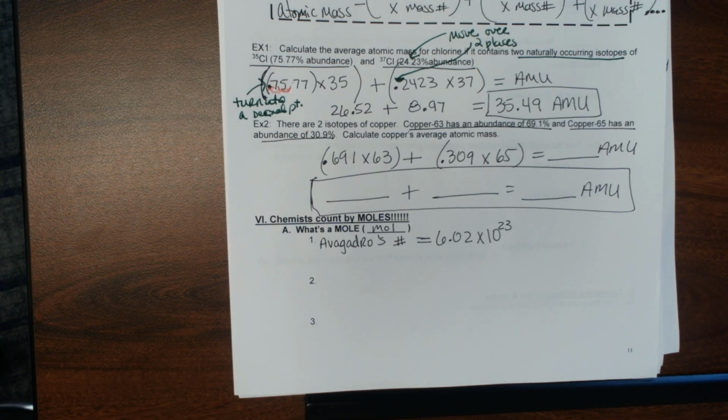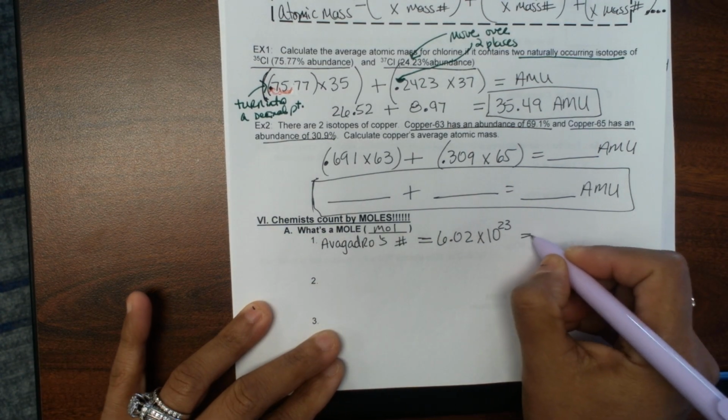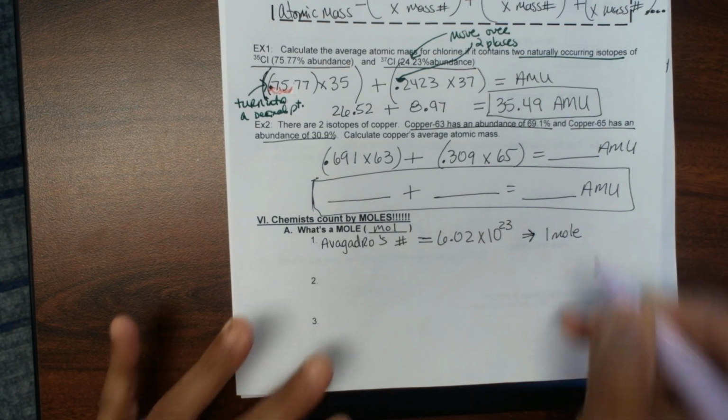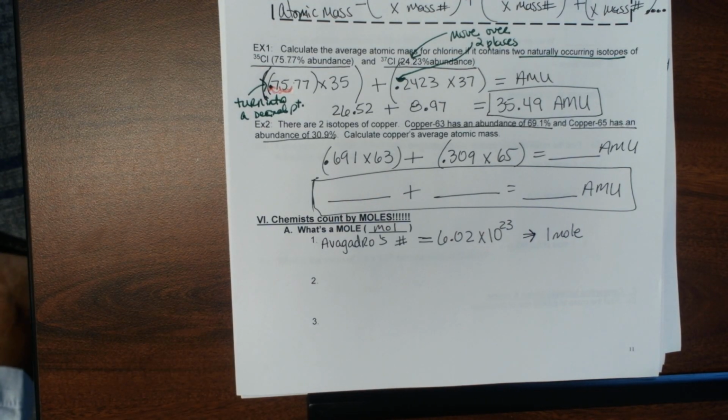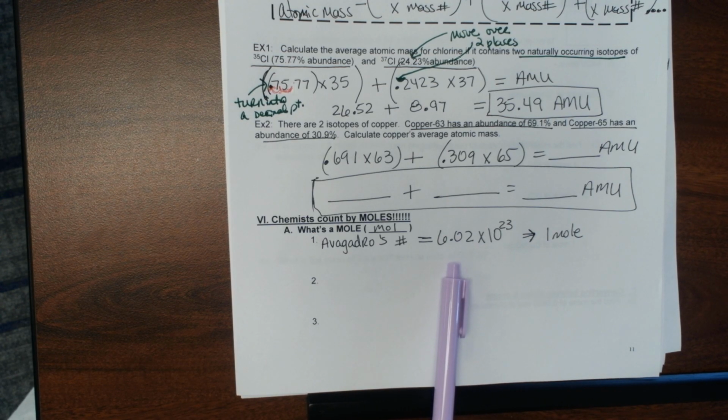That is a lot. So Avogadro's number is 6.02 times 10 to the 23rd power, which equals 1 mole of anything. Okay? So if they say it's 1 mole, then it's this many. That is the number. It's huge.